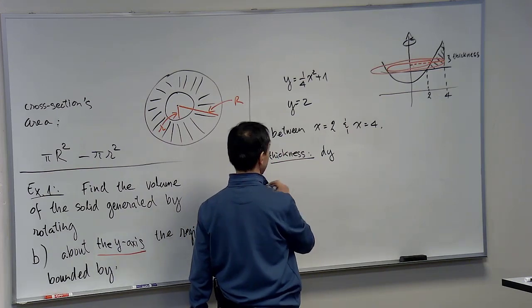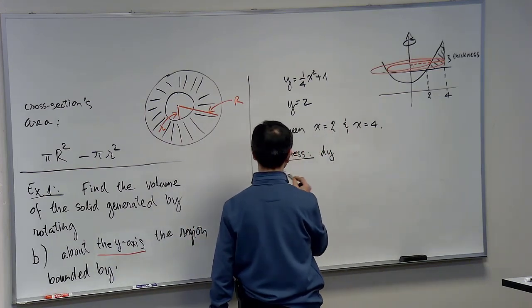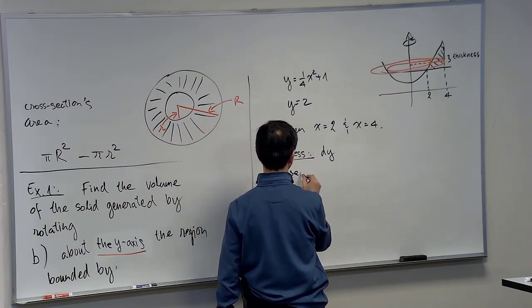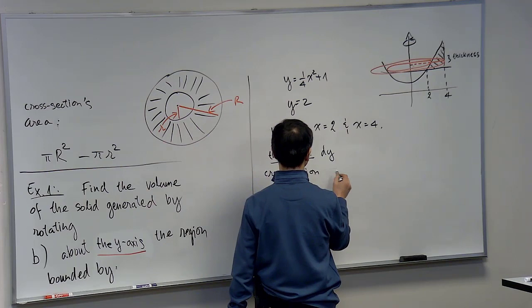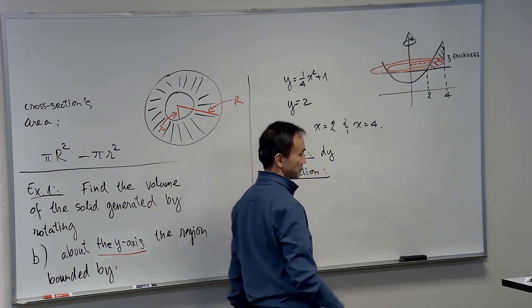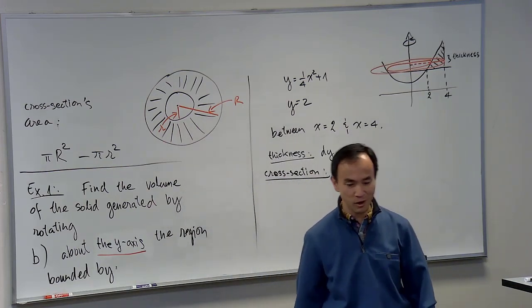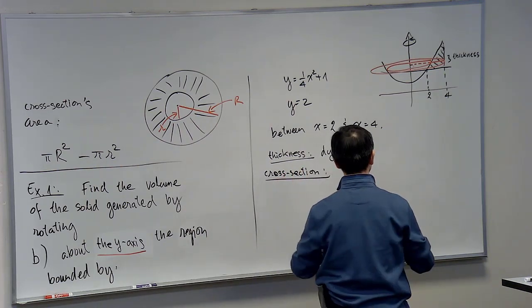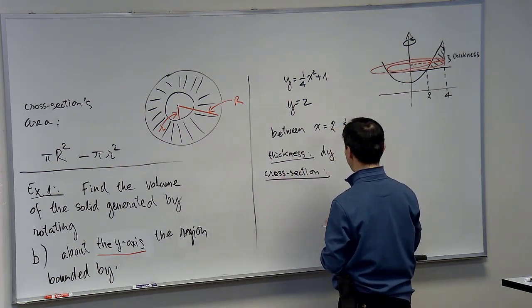Now let's look at the cross-section area. But now when I'm cutting short my wording with cross-section, I mean the area of the cross-section. We need the outer circle, subtract the inner circle to get the washer's area.